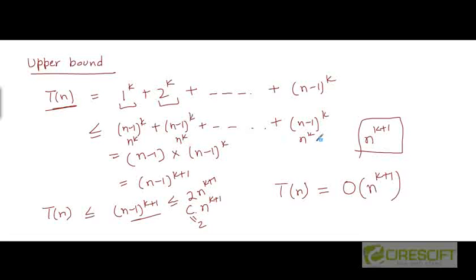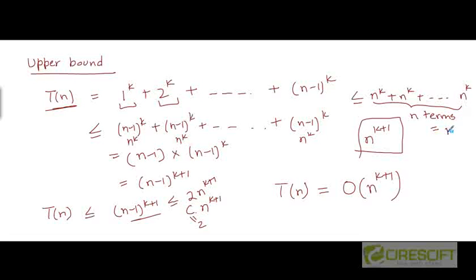Well, actually, let's make it n terms. So let's assume that we modify this series by substituting n to the power k for every term, and then we add another n to the power k at the end, so that we get exactly n terms. So this series is going to be less than or equal to this resulting series.